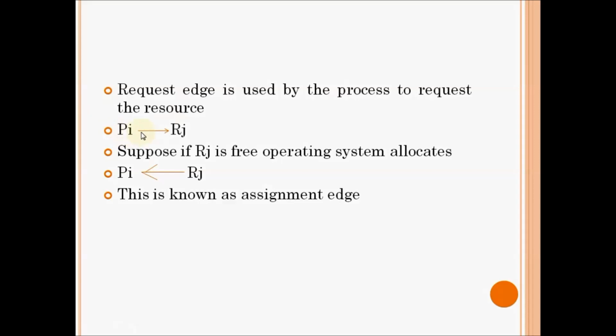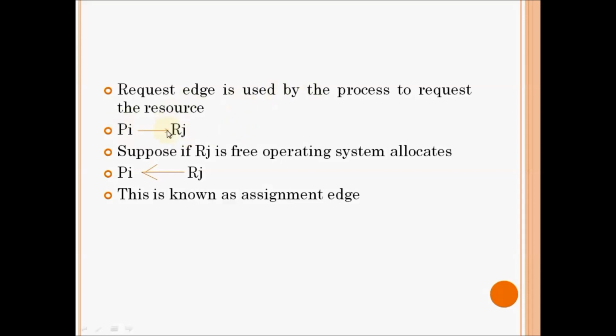Pi pointing to Rj means Pi is requesting the resource Rj. See the arrow mark direction. So the request edge is used by the process to request the resource.